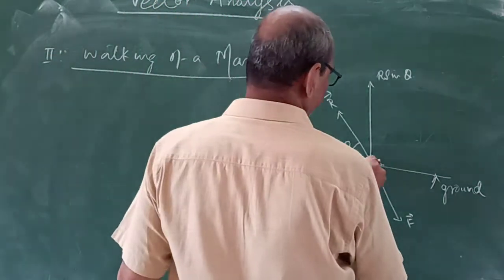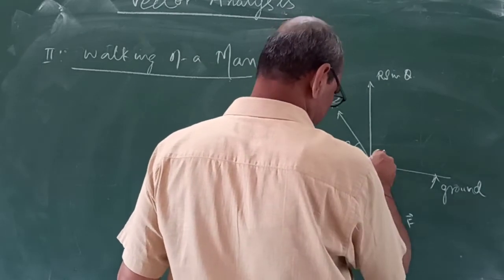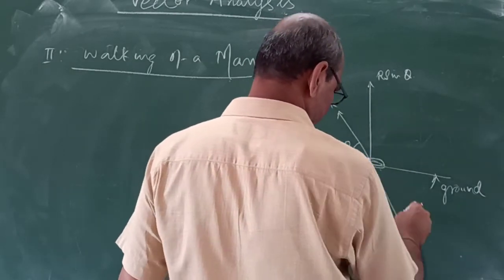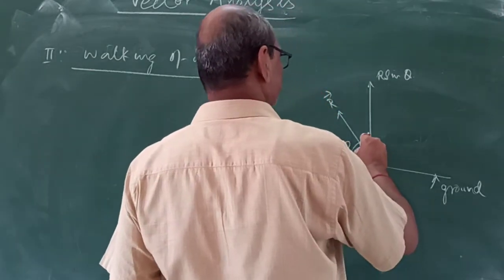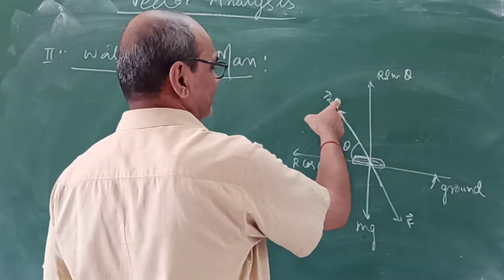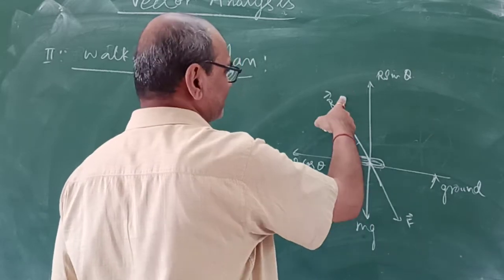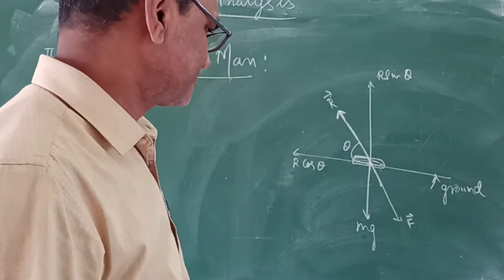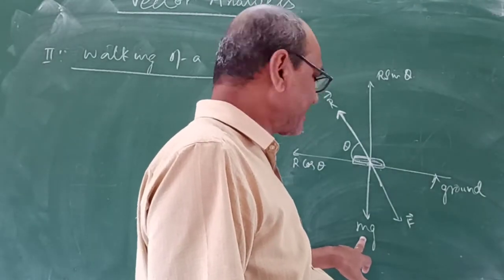Again, your foot touches the ground and applies force on the ground. The reaction of this force acts in the upward direction. The applied force is equal to the reaction force. The force due to the weight of the person acts in the downward direction.